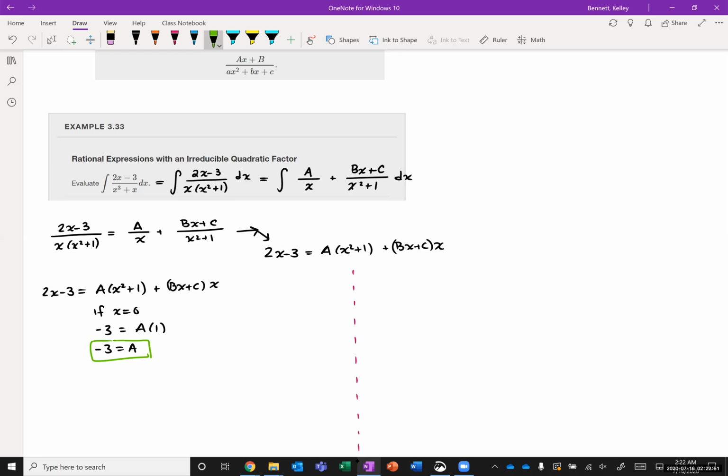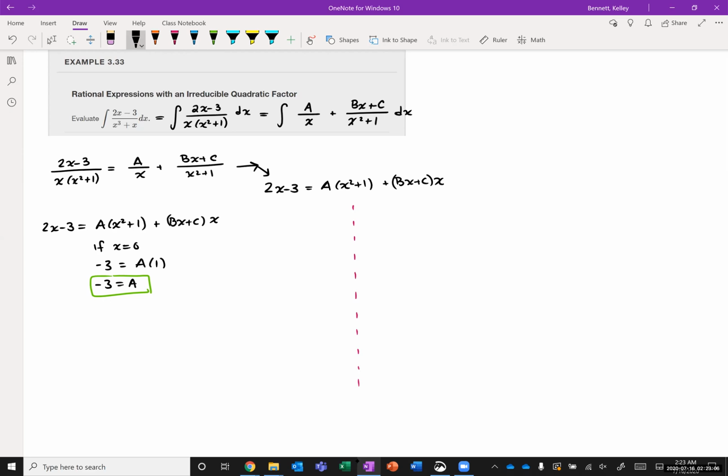And I don't have any other killer x's, so I'm just going to choose another super convenient x value. It does not matter. So, well, we can do 1 and negative 1.